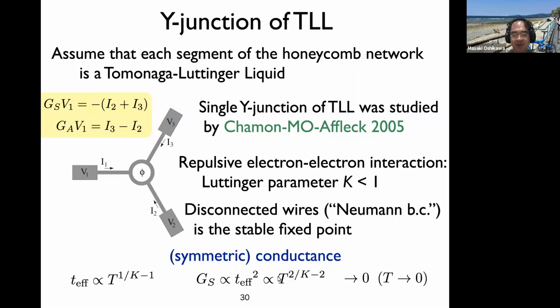So this is the conductance for each junction. So this is basically the same power law behavior as the single barrier problem of Kane-Fisher.